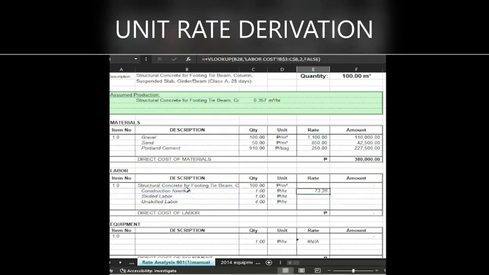We'll put it like that. I'll copy it down. So these are the rates per hour of the skilled labor and unskilled labor. So this is the labor for the assumed production of 0.357 cubic meter per hour. So we will convert it to per cubic meter.